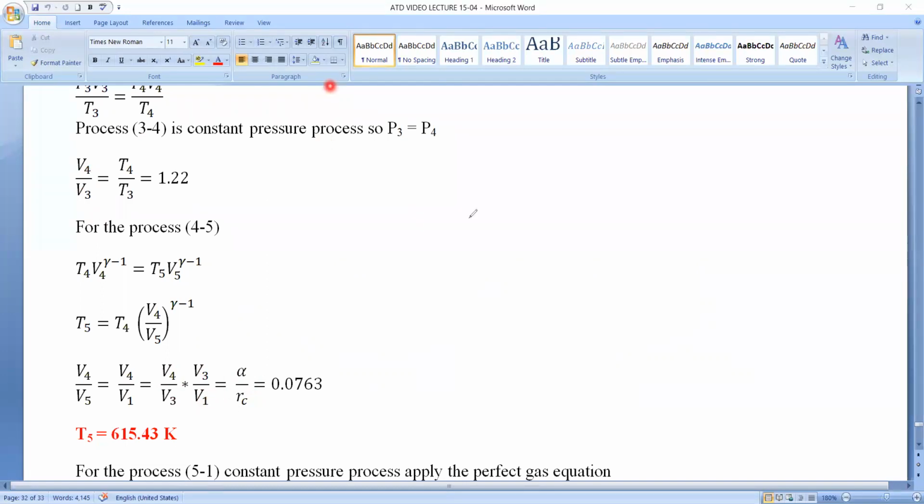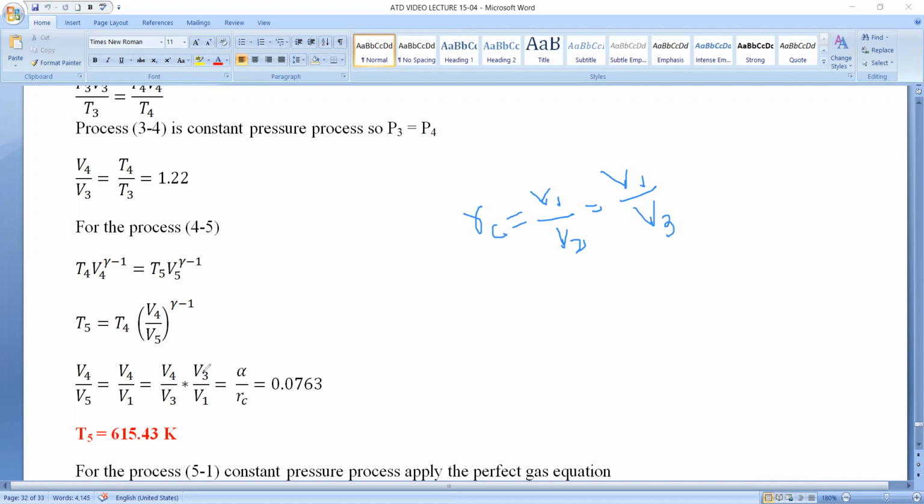The compression ratio in the dual cycle is given by V1 by V2, which also equals V1 by V3, because the 2 to 3 process is a constant volume process.